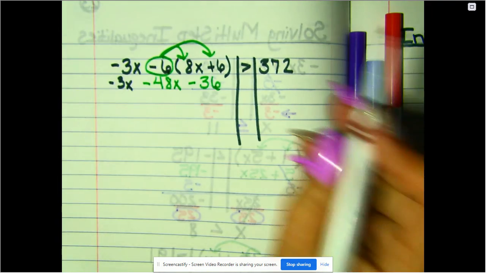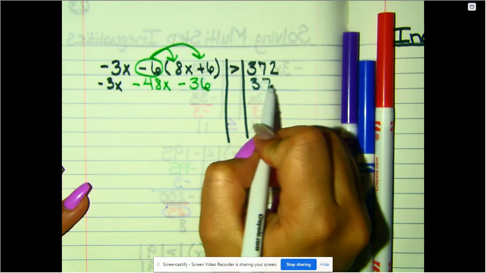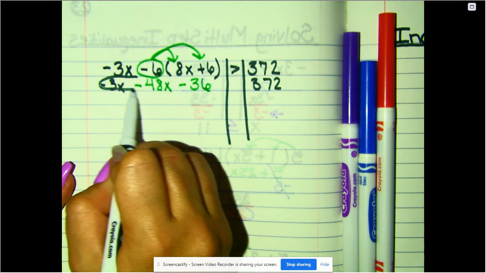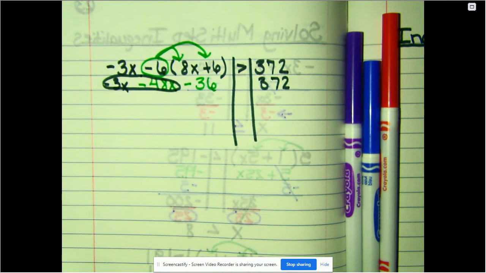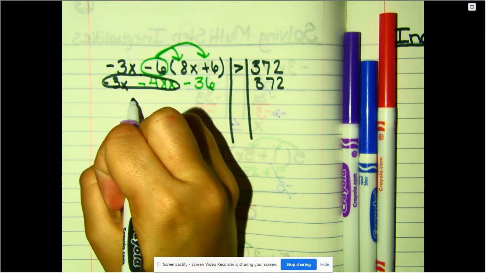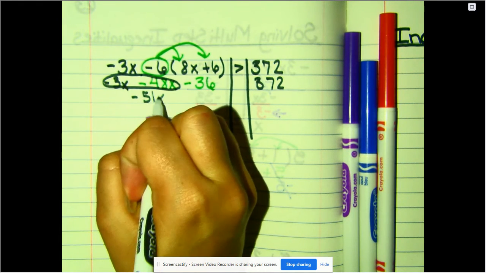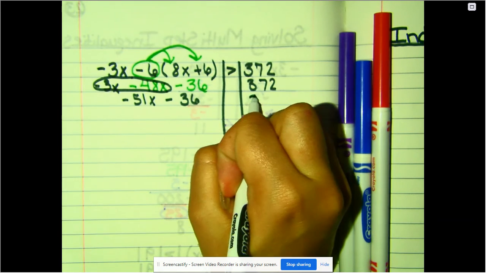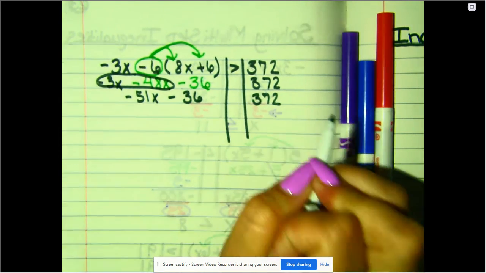And then on the other side, I have 372. If you want to combine your like terms, you can. So negative 3x plus negative 48x becomes negative 51x, minus 36, and then we have 372 on this side.